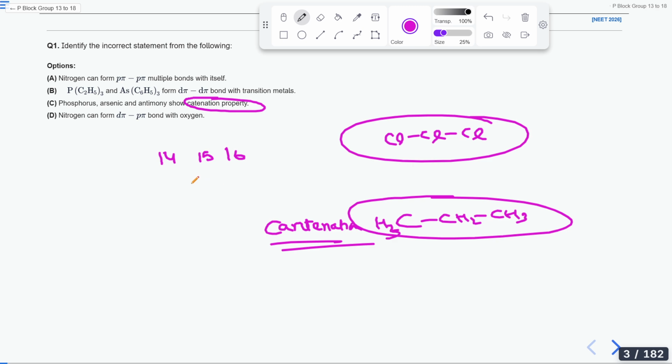In group 14 we have carbon, silicon and germanium. Then in group 16 we have sulfur, oxygen and selenium. And in group 15 we have phosphorus, antimony and arsenic.